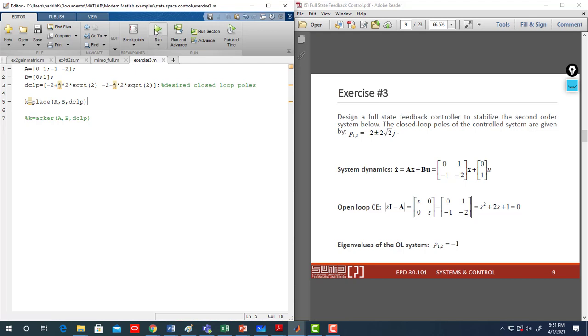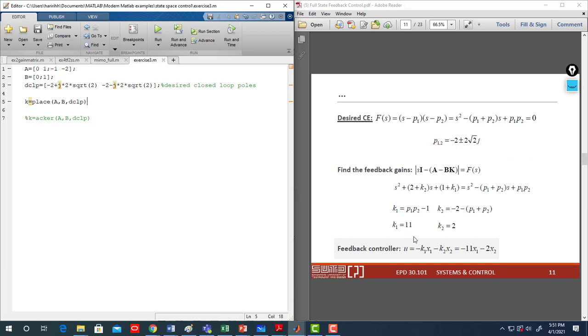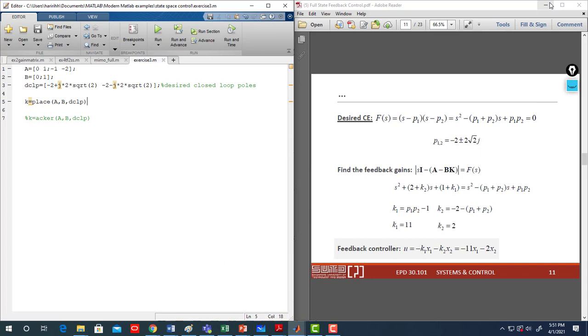Then I simply run it. I should get K1 and K2. So K1 equals 11 and K2 equals 2. You see, so I get K1 and K2.